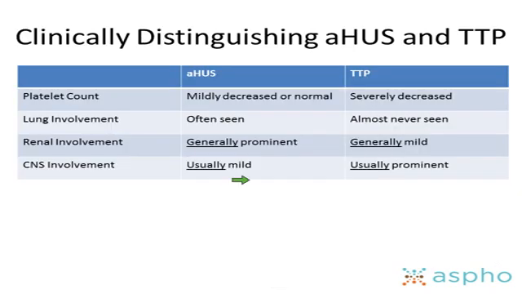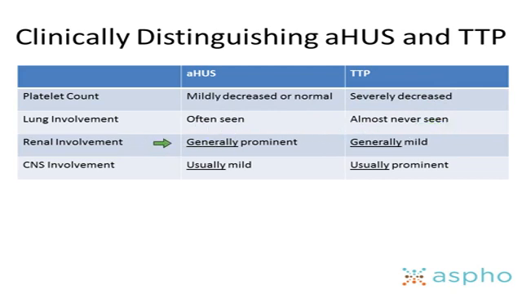So there are some basic clinical guidances that can help us distinguish between atypical HUS and TTP in an acutely ill patient. One such feature is the platelet count, which tends to be more mildly decreased or even normal in patients with atypical HUS, whereas it's more prominently decreased or severely decreased in TTP. Lung involvement, when it's seen, is much more in keeping with atypical HUS, and it's hardly ever seen in TTP.